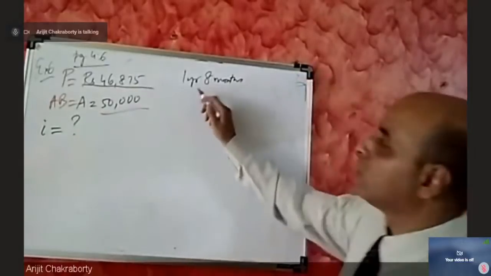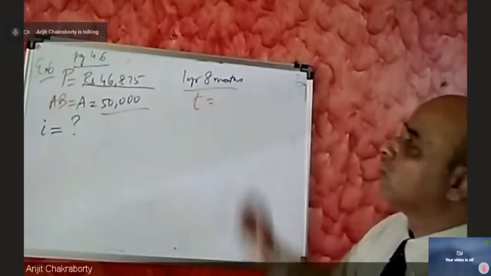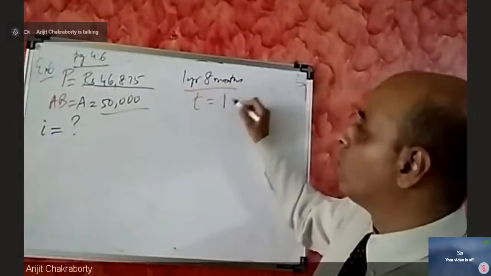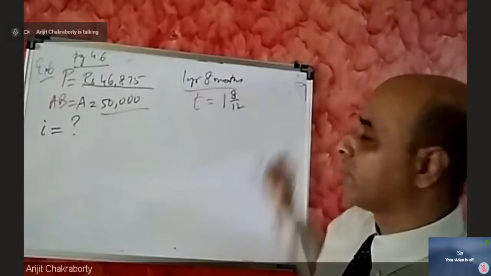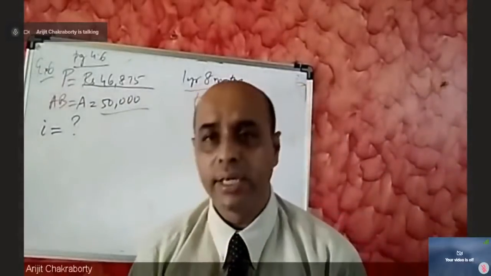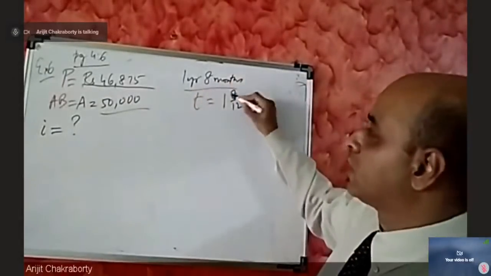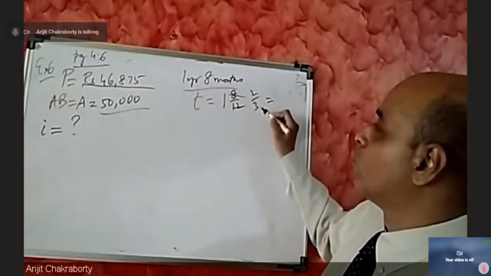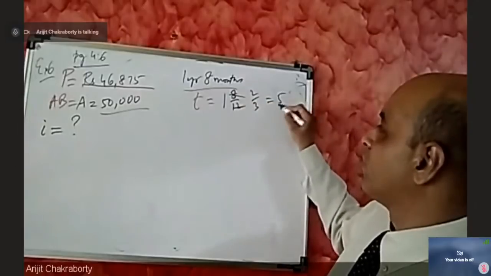And we know that the time is 1 year, 8 months. Now 1 year, 8 months means 1 year, 8 by 12, because there are 12 months in a year. So it is 1 year, 2 by 3, so it is 5 by 3 years.